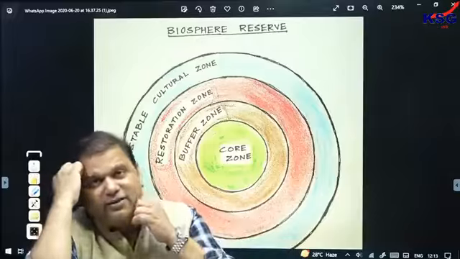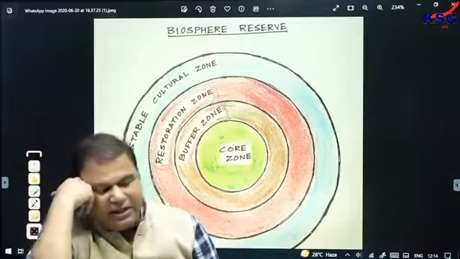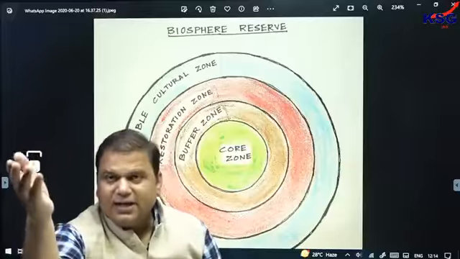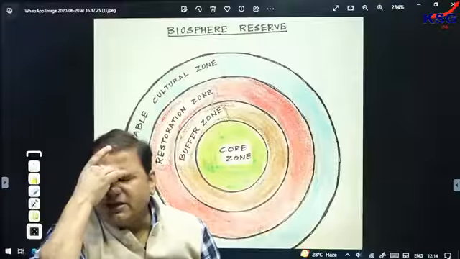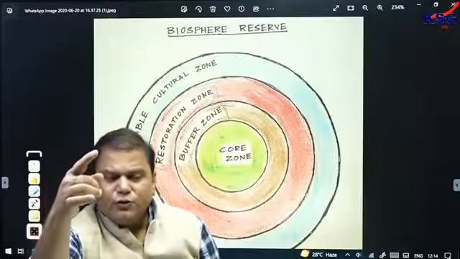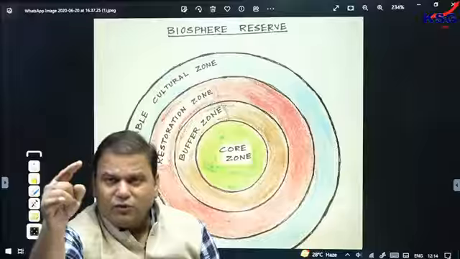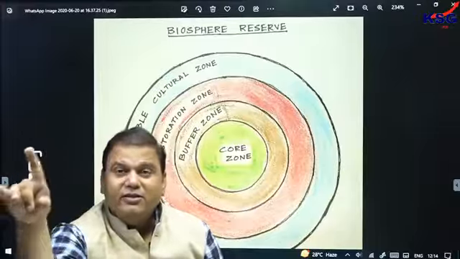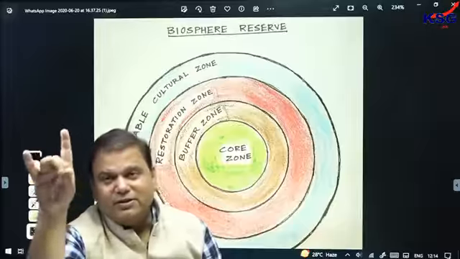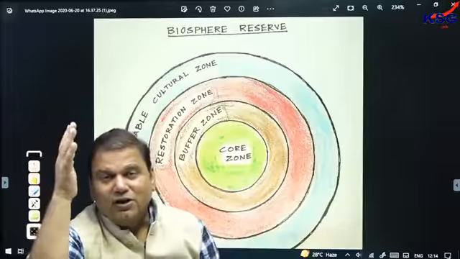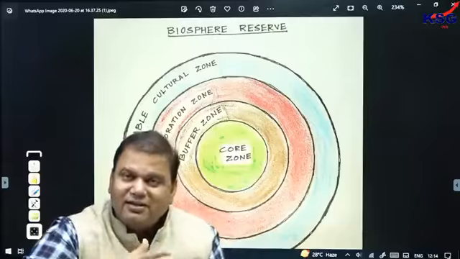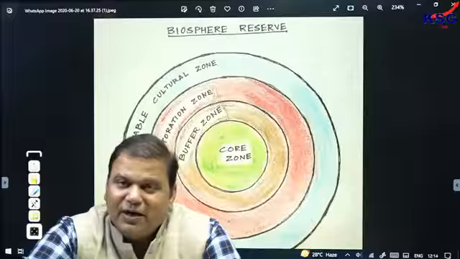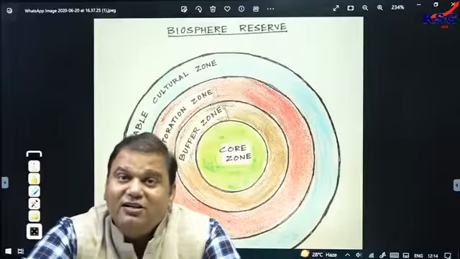And as far as hunting is concerned, they would be hunting only those animals which are animals of least concern. Not endangered, not vulnerable species. So hunting has been said to be an activity allowed on a low scale in buffer zone of biosphere reserve, but there are conditionalities laid down for it.